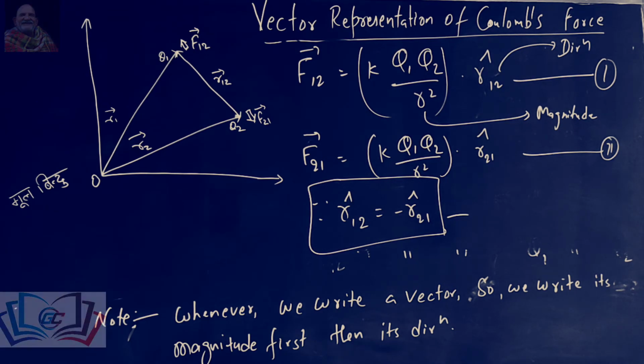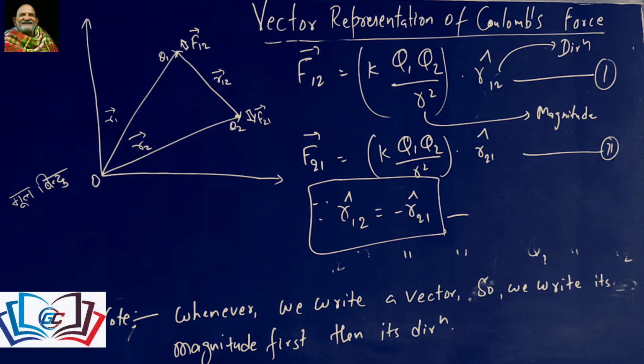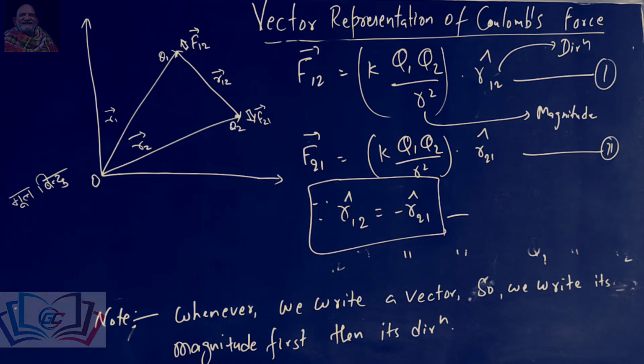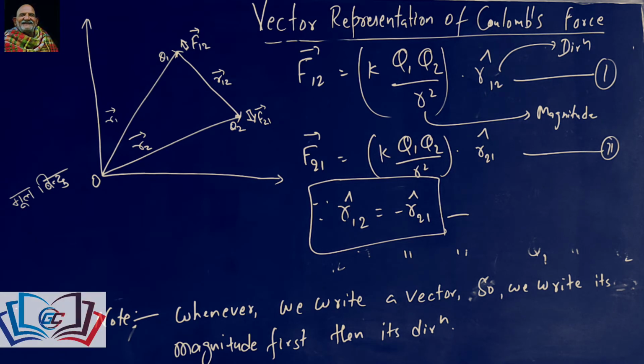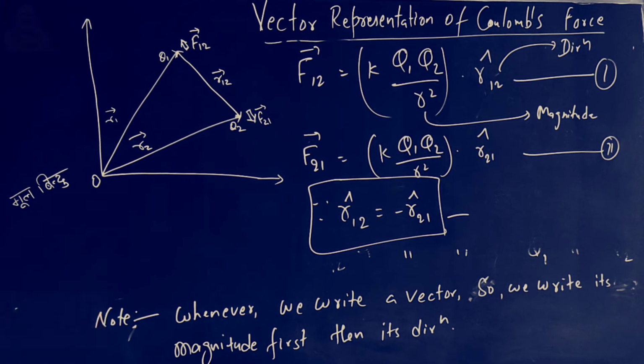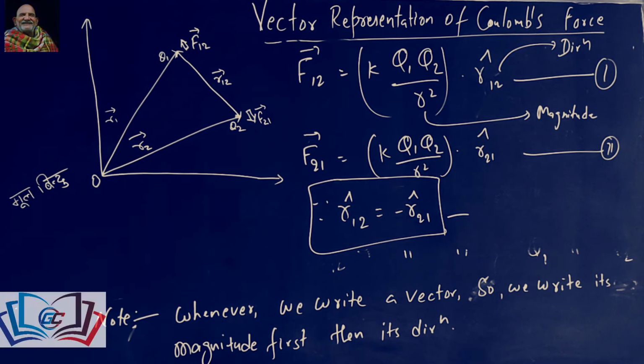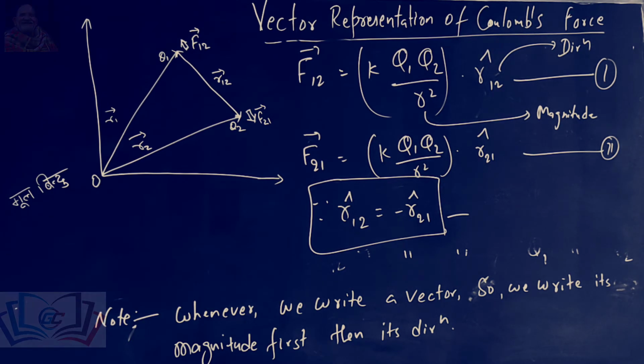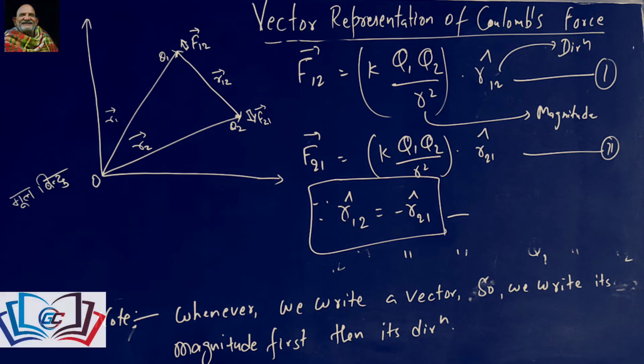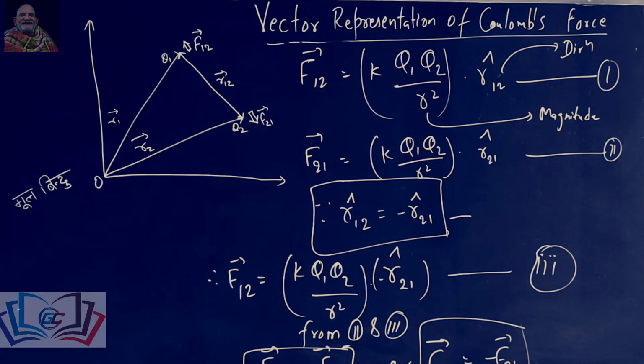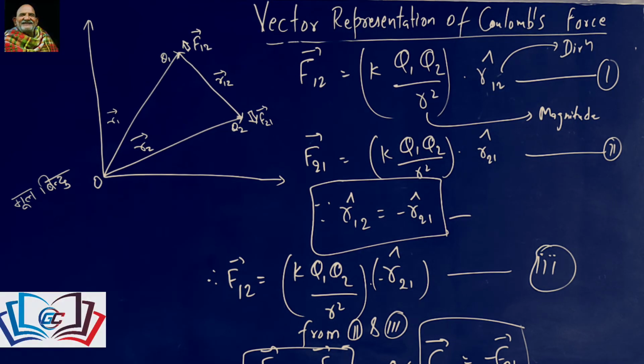We consider both as the first and second equations. But see from the figure, r12 and r21 are in opposite directions, so we can write r12 cap is equal to minus r21 cap.